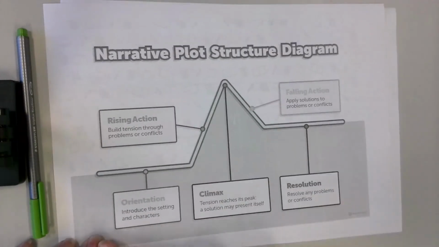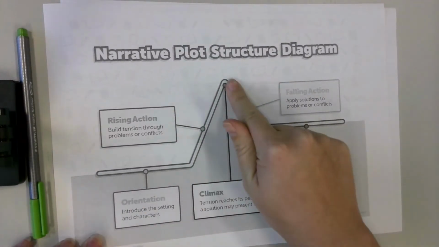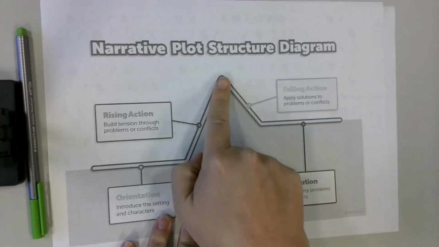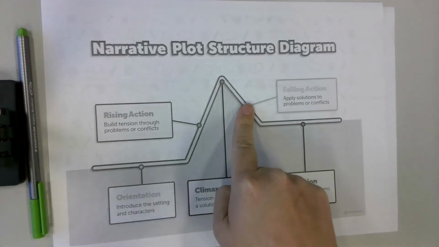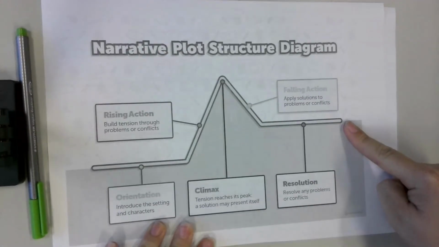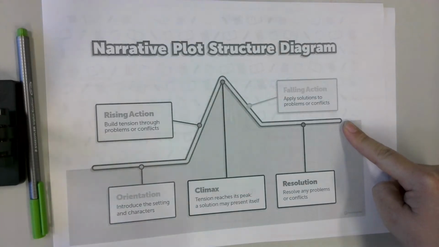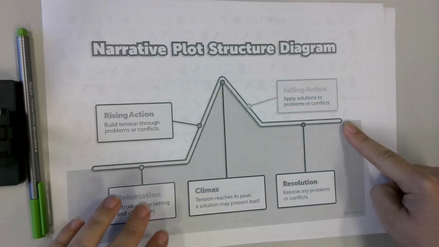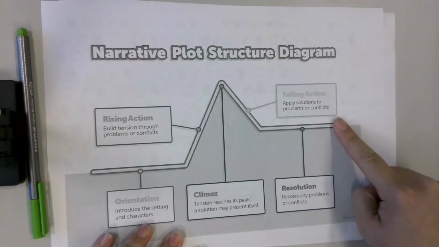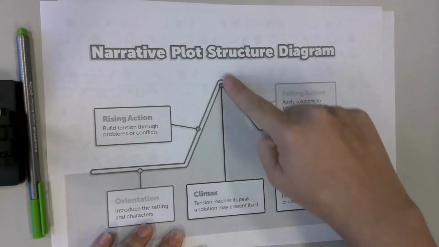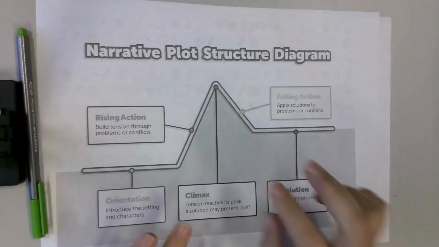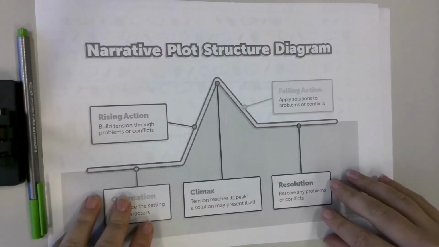We have our orientation, we have our rising actions leading up to our biggest part, the problem. And then we have our falling actions, which are these solutions that are falling into place for our resolution, where our story has been resolved or our problem has been resolved in our story. For me, I already know that this is where I'm going to see that change in my characters.